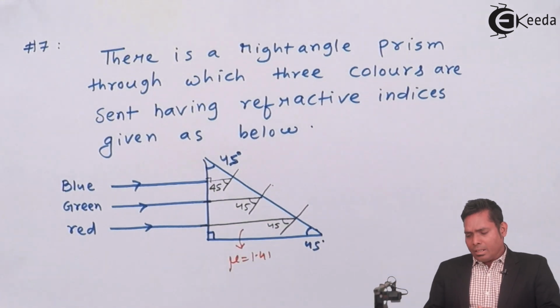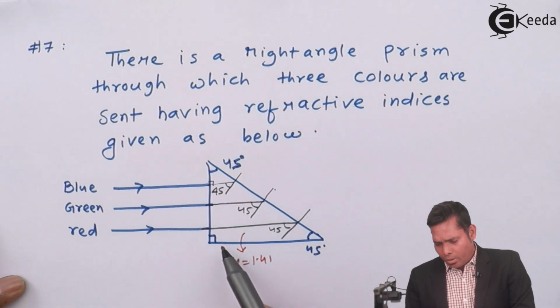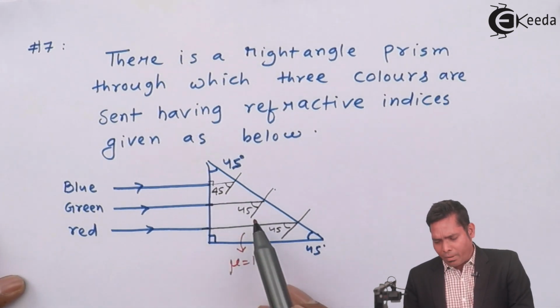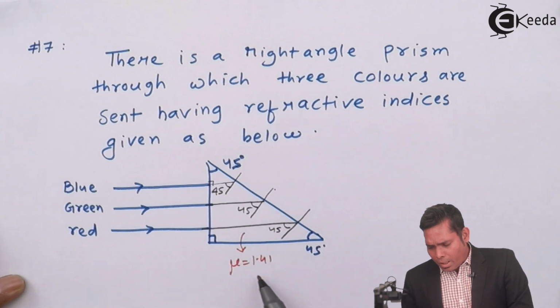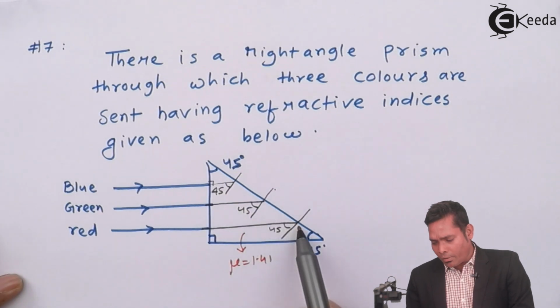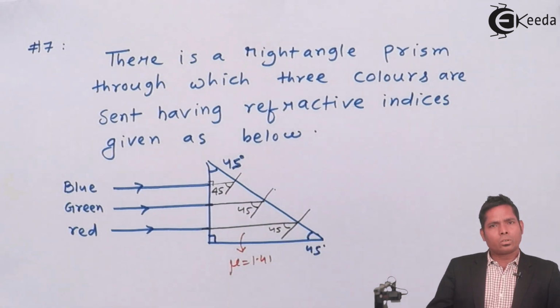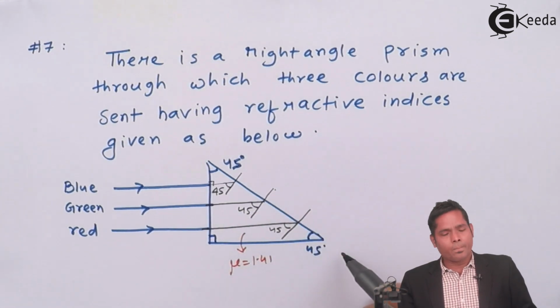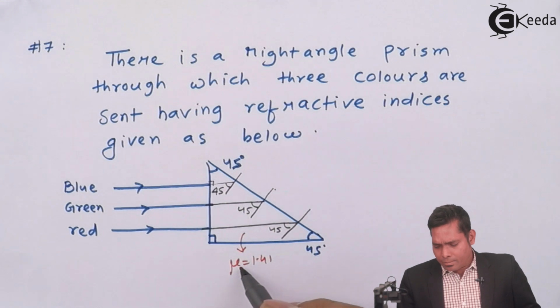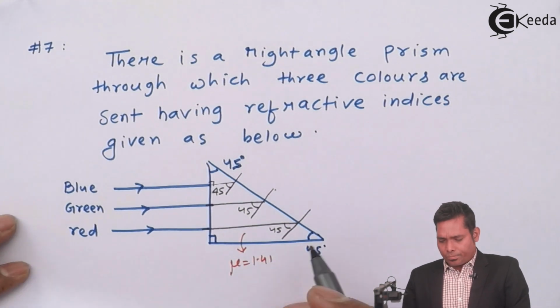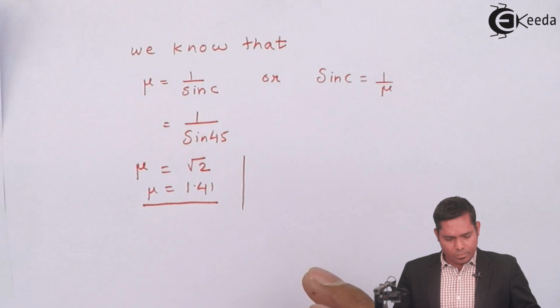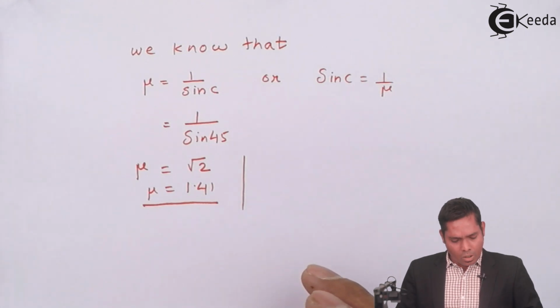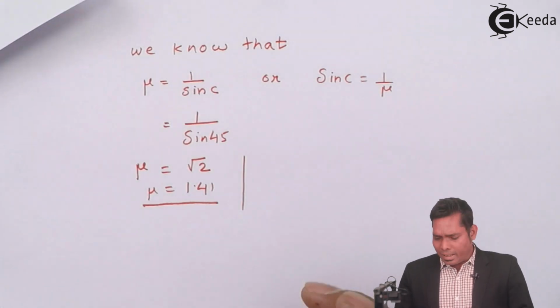Now any ray which strikes at 45 degree, those having exactly this value, it will move along the surface, it will suffer critical angle. That means it will move along the surface. Any refractive index greater than this will always undergo total internal reflection.